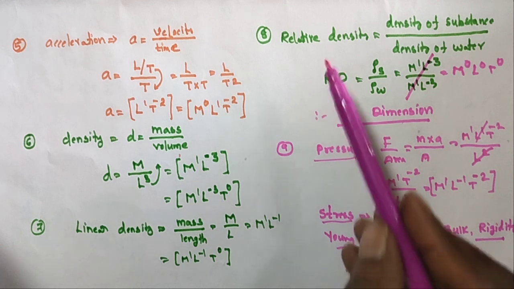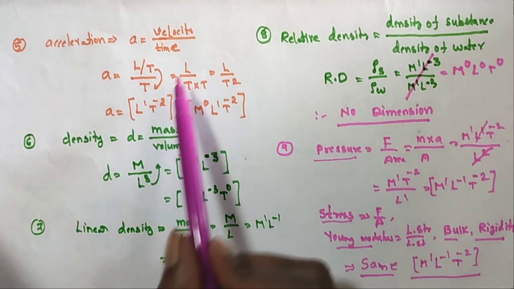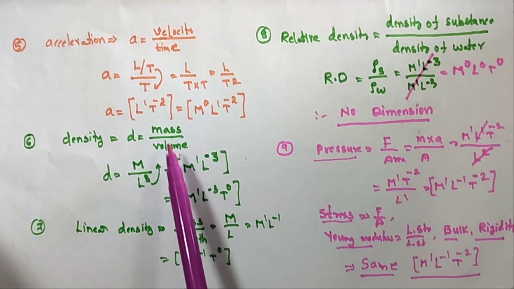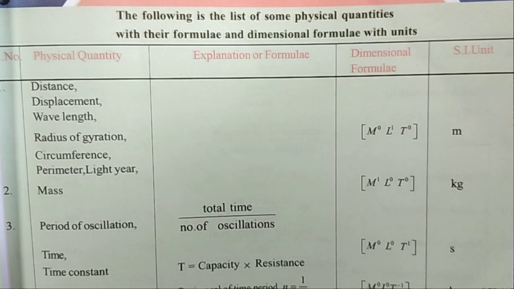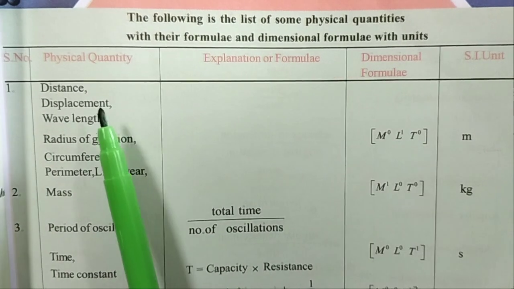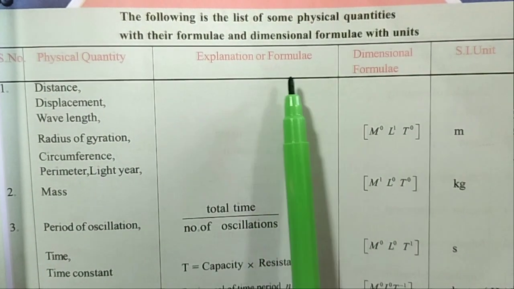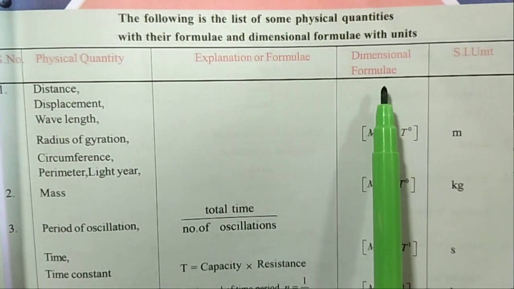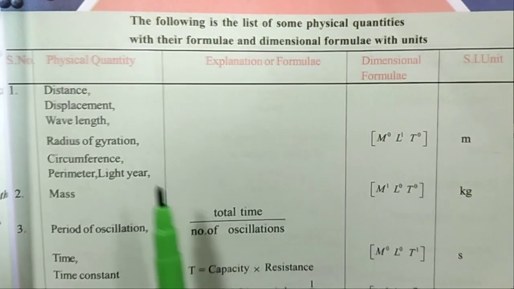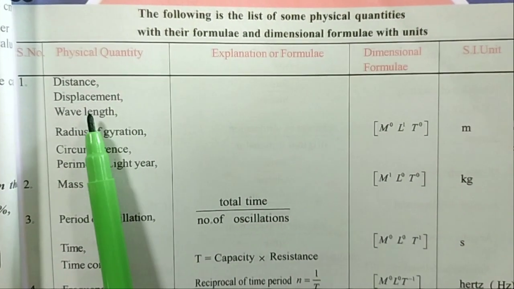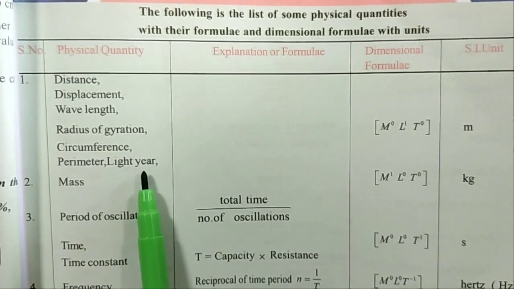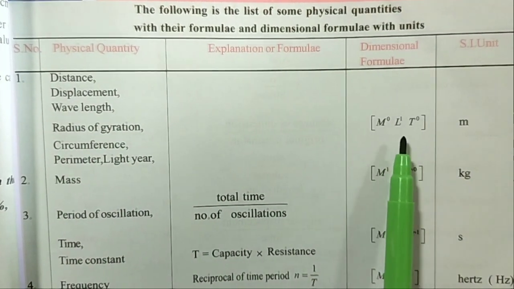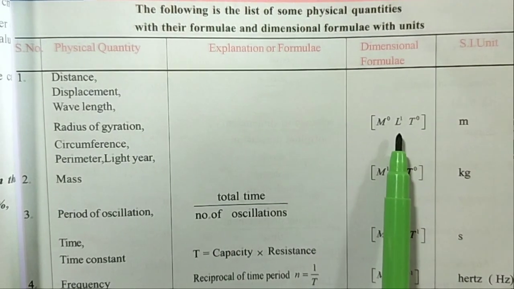If you know the formulas, you can calculate units and dimensions very well. Here I show some dimensions. So this is the physical quantity, this is the explanation or formula, this is the dimensional formula, and this is the SI unit. For example, distance, displacement, wavelength, radius of gyration, circumference, perimeter, light years, all are equal to L1.